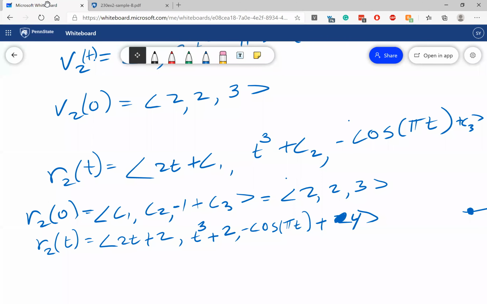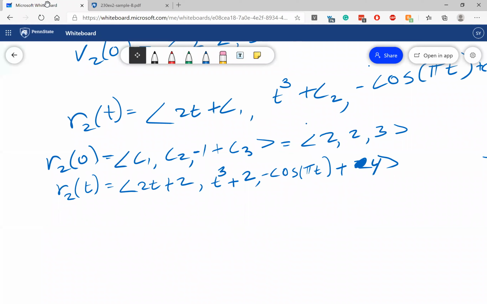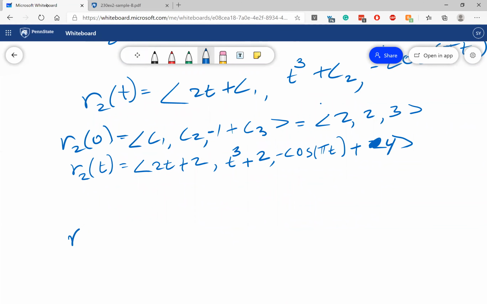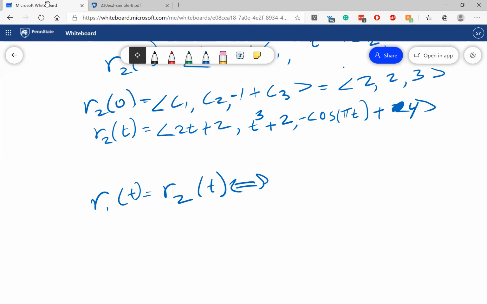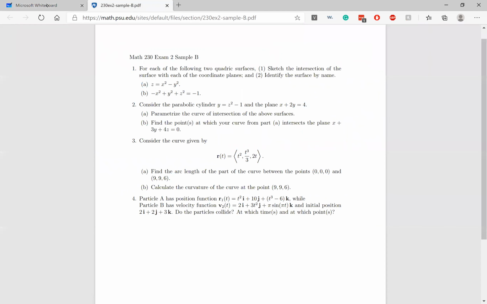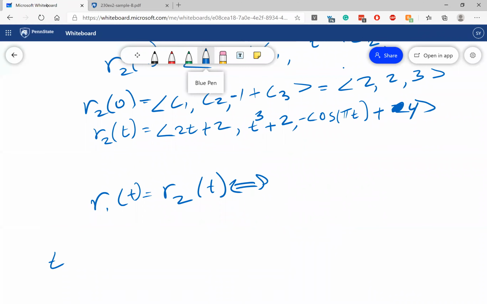And now we want to know if these two particles collide. So that would be R1 of t. Does R1 of t equal R2 of t at some point? Which would mean that t squared is equal to 2t plus 2.